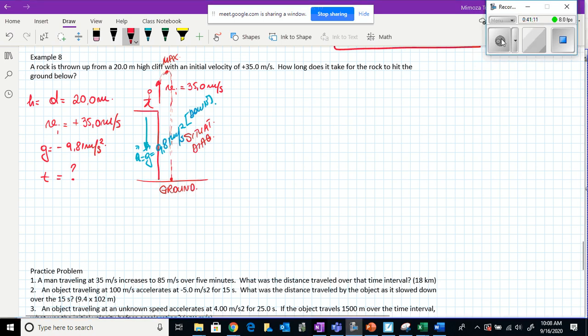What is the formula that we will use to find the time here? There were two options on the chat. One was to use D is equal to V final plus V initial divided by 2 times time. But in this case, we do not know what V final is. So we have to go to the acceleration formula and find V final, because you cannot assume that V final is equal to 0.